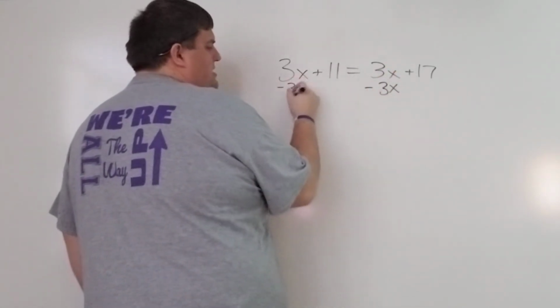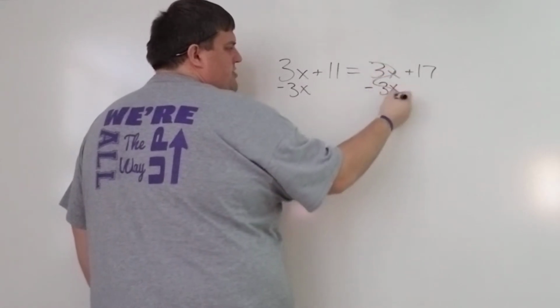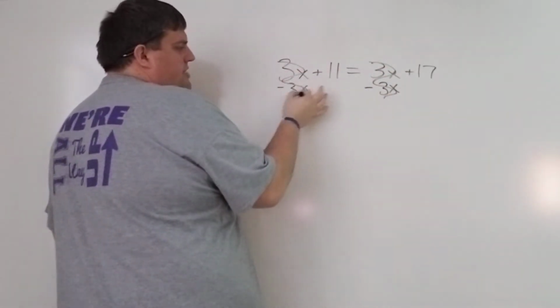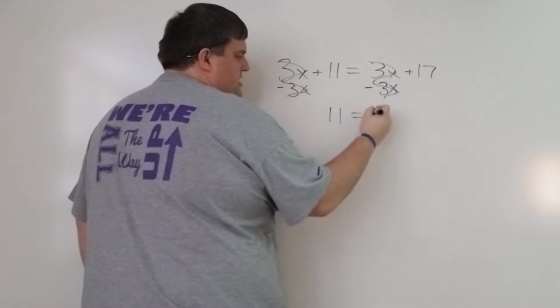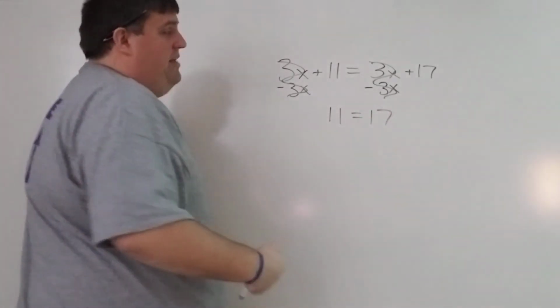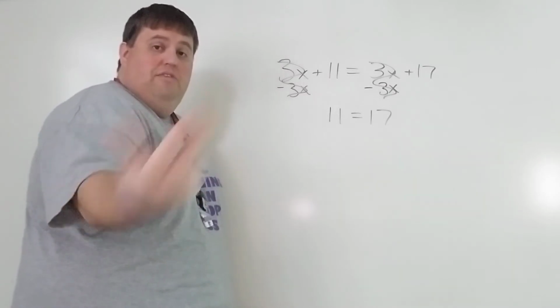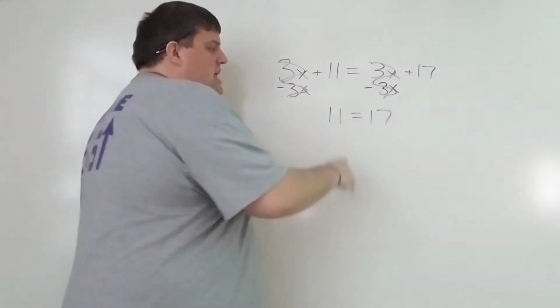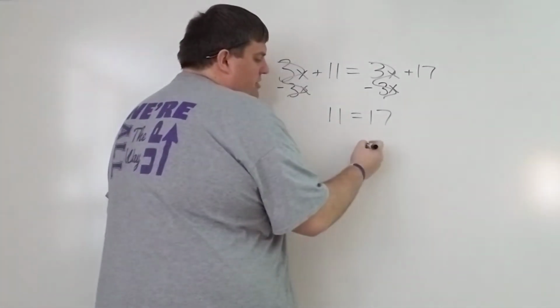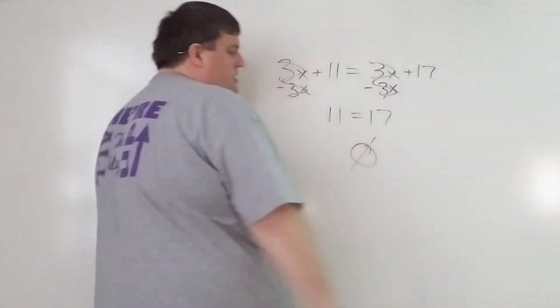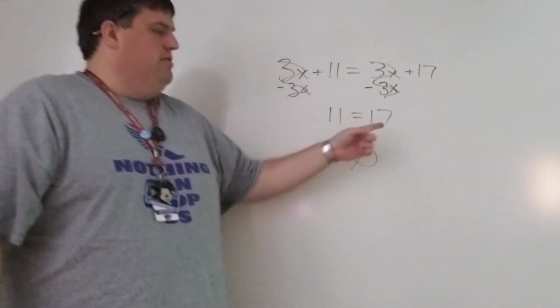But what happened when I subtracted that 3x was those canceled out and those canceled out, and we were left with 11 equals 17. And that was not a true statement. My variables are all gone, and we called this a special case. And since my variables are all gone, we know that this one meant no solution because we had different numbers.